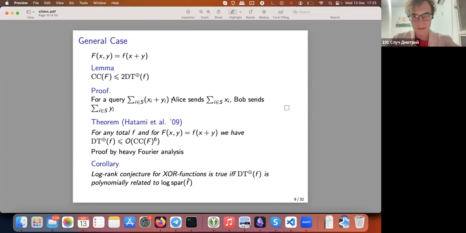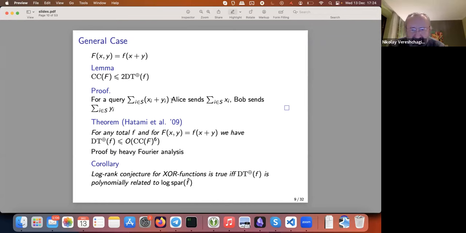No, it may be an application, maybe someday, and it's the reason we studied XOR functions, but we don't prove the log-rank conjecture. So this is still a motivation. It's Hatami and others who proved that connection, and now we know that to solve the log-rank conjecture for XOR functions, you just need to solve something.